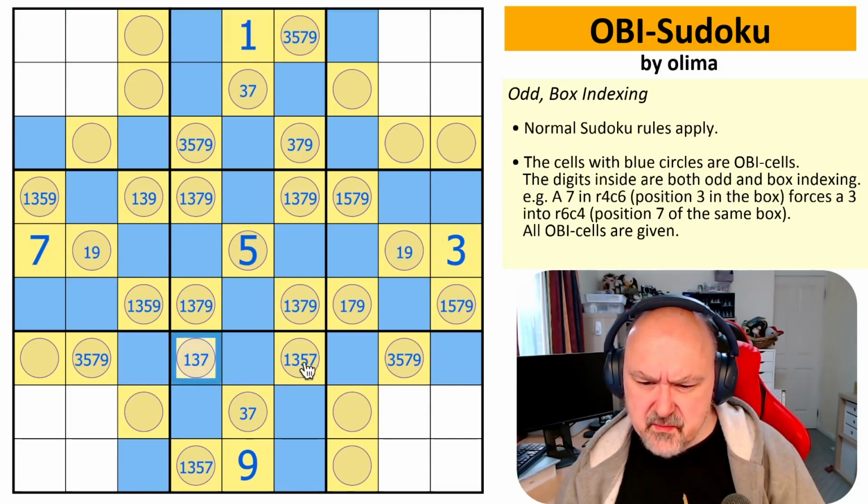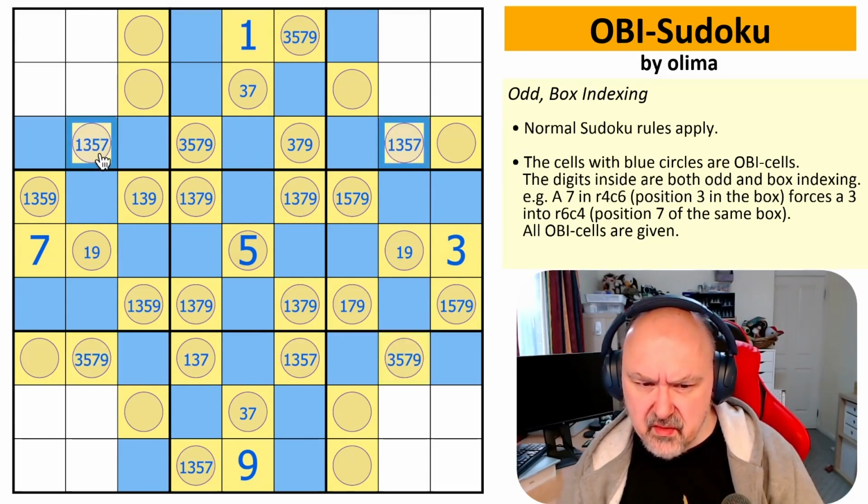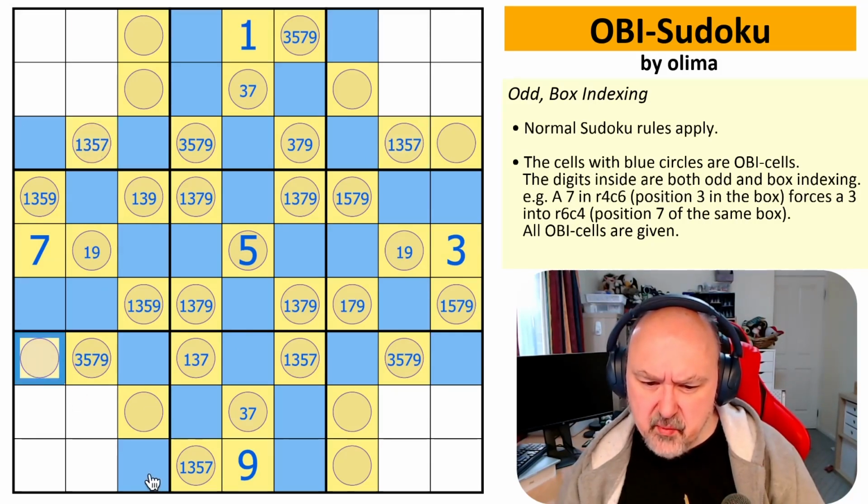But that doesn't mean... And if I can't put 9 there, so 9 is lining up here. So these are 1, 3, 5, 7. Because I can't put 9 there because then that would have to be a 1.